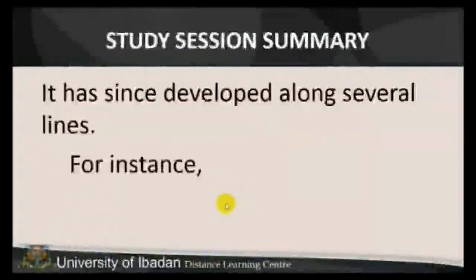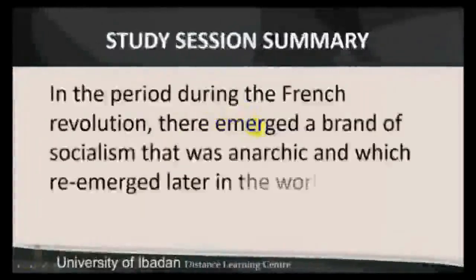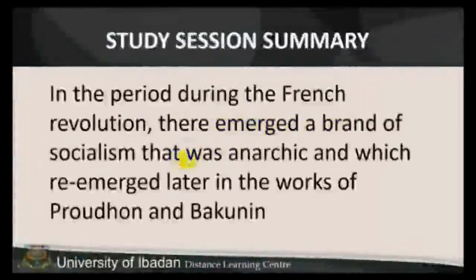For instance, in the period during the French Revolution, there emerged a brand of socialism that was anarchic and which re-emerged later in the works of Proudhon and Bakunin.